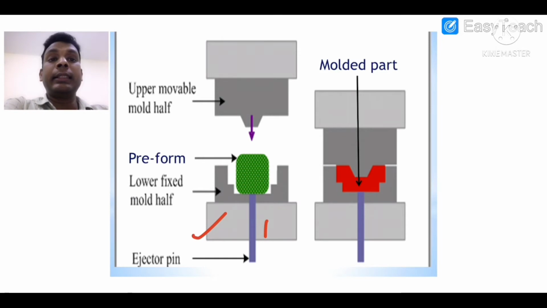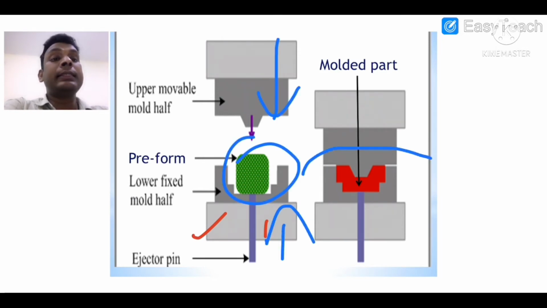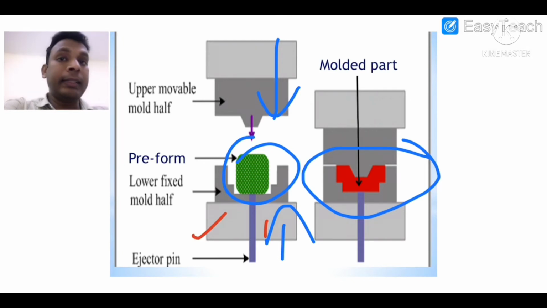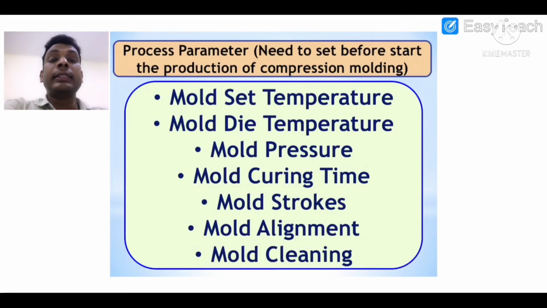So this green color is the preform, this is upper and this is lower, and this is the molded part. I hope this is enough for understanding mold and die and for clarification of cavities.